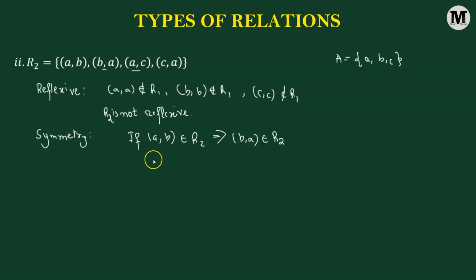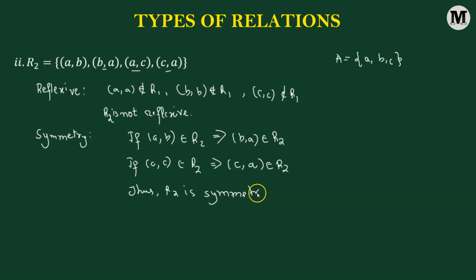Next, we're going to consider A comma C. If A comma C belongs to R2, then it must be true that C comma A is present in R2 as well. Or in other words, if we consider C comma A, then A comma C must be present, and since it's true, we can say that our relation R2 is going to be a symmetric relation on the set A.